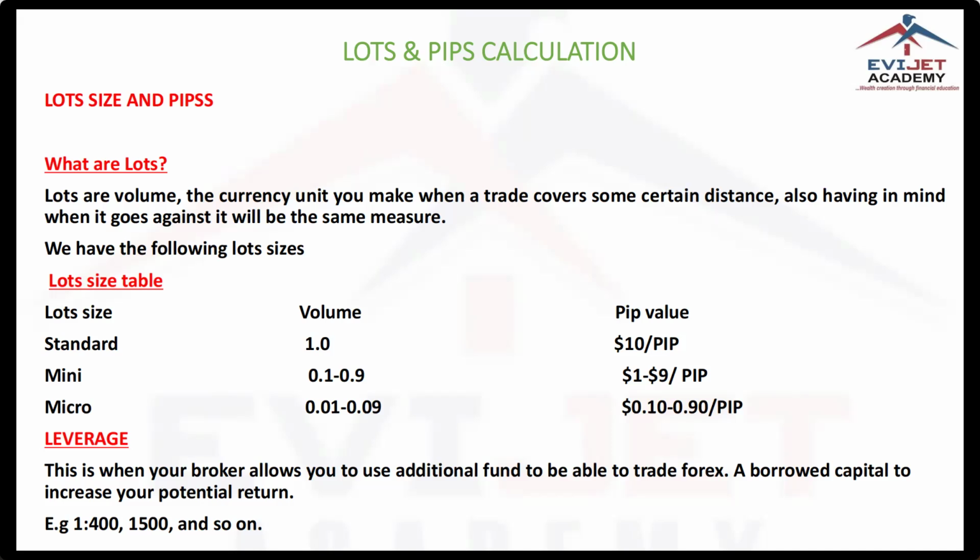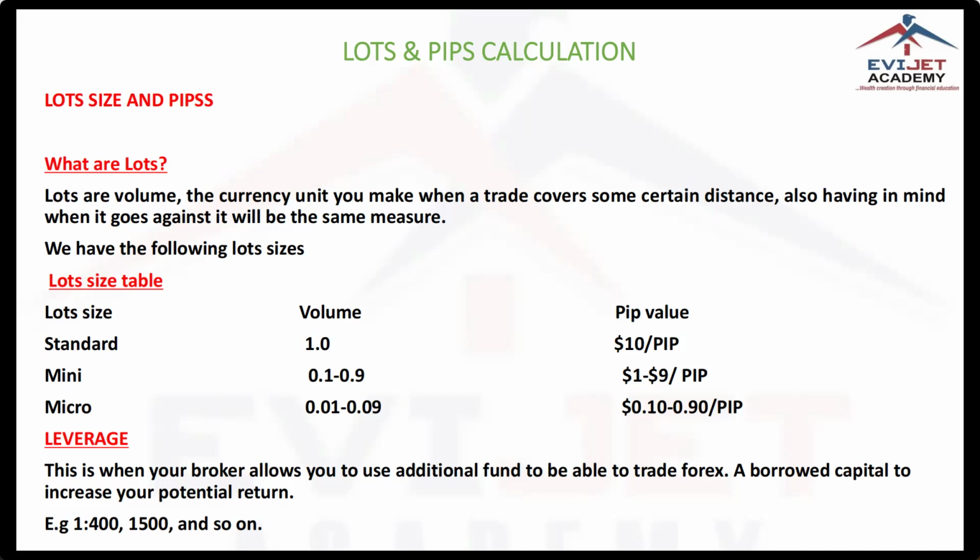So leverage is when your broker allows you to use additional funds to trade Forex, a borrowed capital to increase your potential return. Now, brokers give leverage as 1:10, 1:200, 1:400, 1:500, 1:1000, 1:10,000.